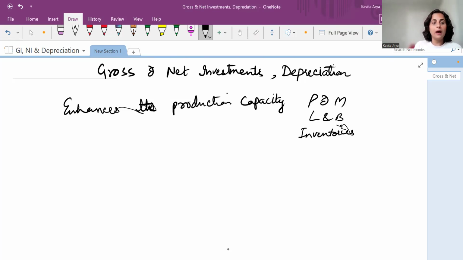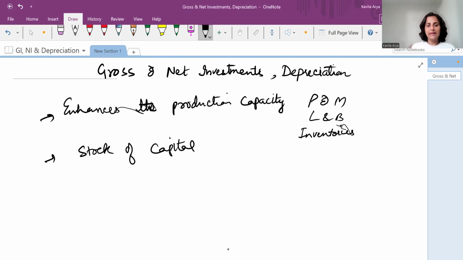Investment, in other terms, we'll say is the production capacity or the stock of capital. So this all is the capital. Capital means, again reiterating, this is the fixed capital, and this is inventory. So fixed capital and the inventories.